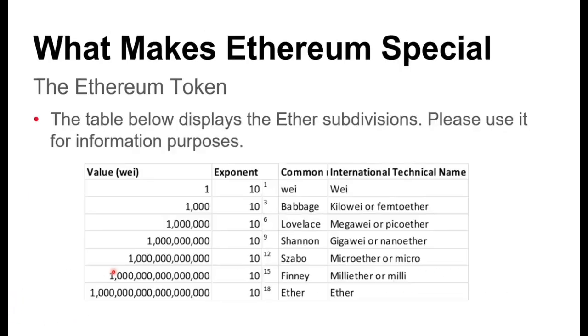That might be easier to say. And here are some other subdivisions. So we go from the wei, which would be 10 to the first, all the way to the Ether, which is 10 to the 18th wei. So there's quite a bit of subdivision that can be done here. And this does help shield us from the volatility of cryptocurrency.